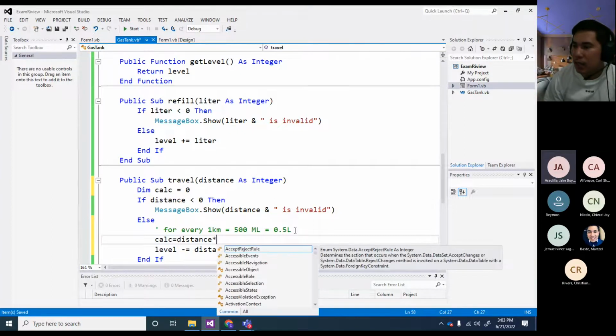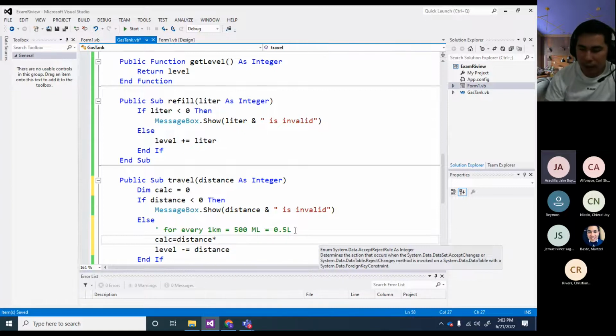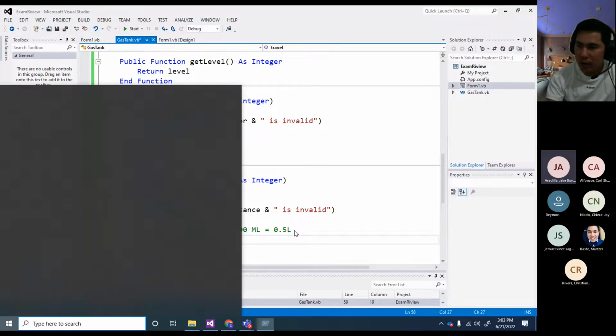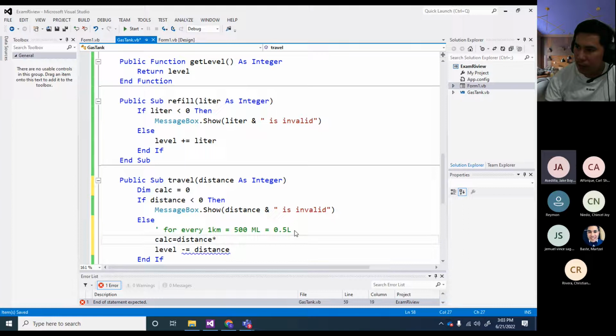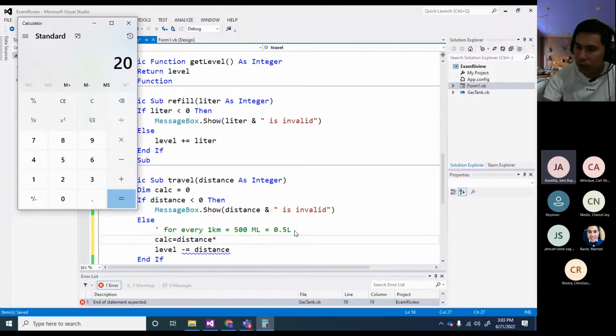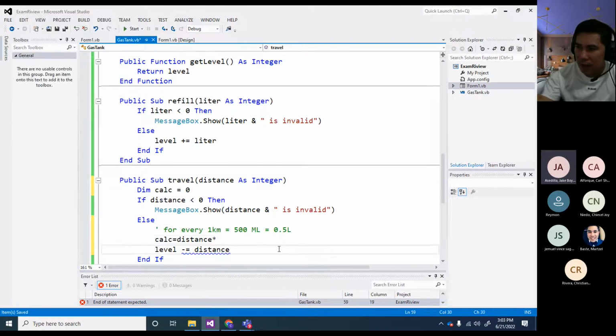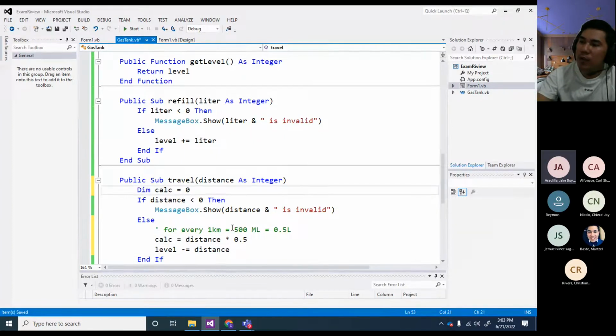Times how much? Calc. So let's say 2 times 0.5 is 1, so it is times 0.5. So distance times 0.5, because if it's 500 ml, we still have to divide it by 1,000.